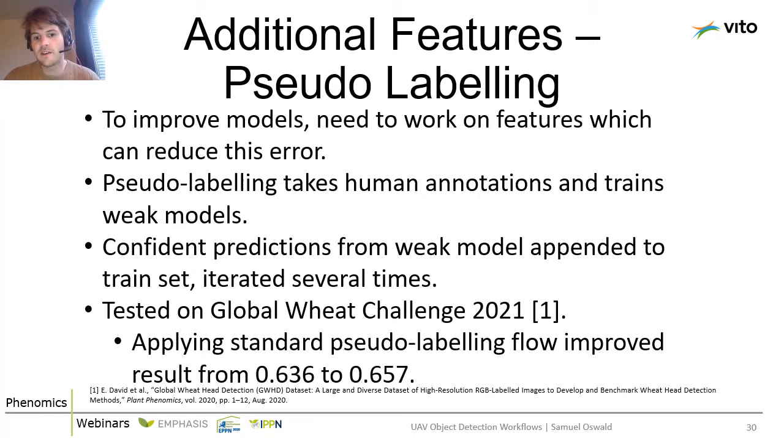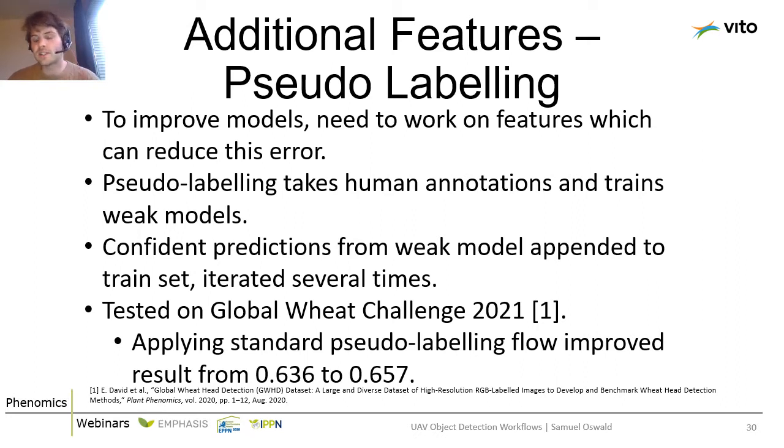So here it takes the base human-made manual annotations and then trains weak models for only a few iterations. From these weak models, it takes the most confident predictions, so it still won't include just any kind of leaf or anything. And then these are appended to the training set, and this process is iterated over several times until you eventually get to a point where it's either not appending more data to the training set or the quality of the new annotations is no longer good.